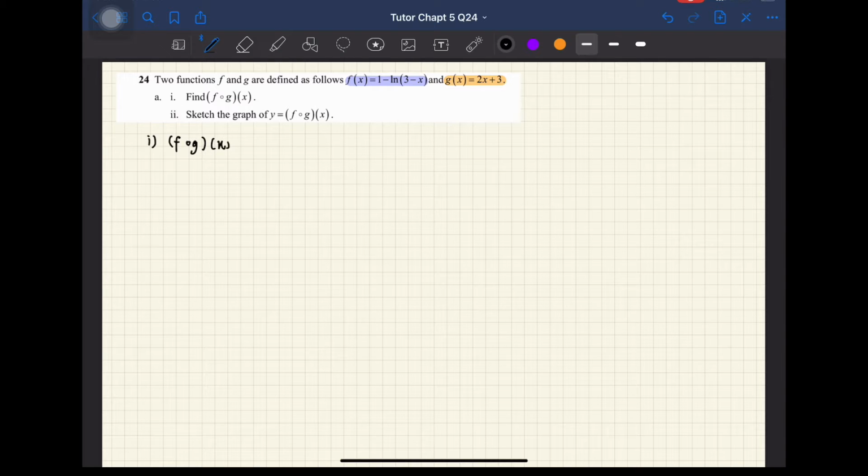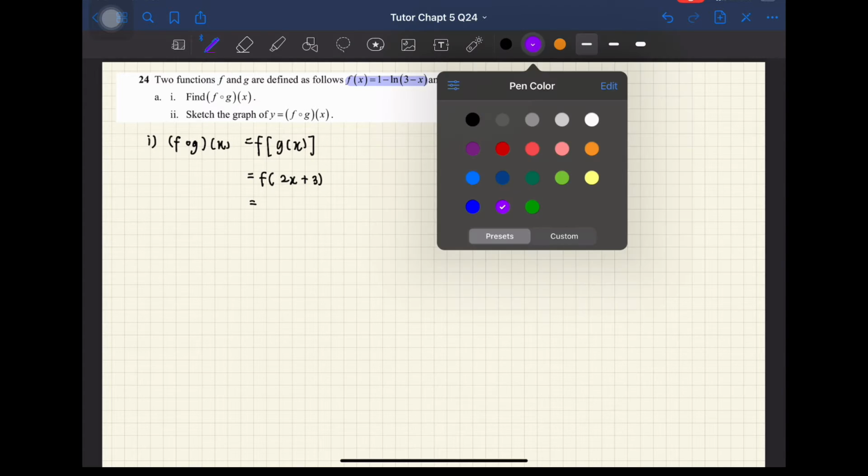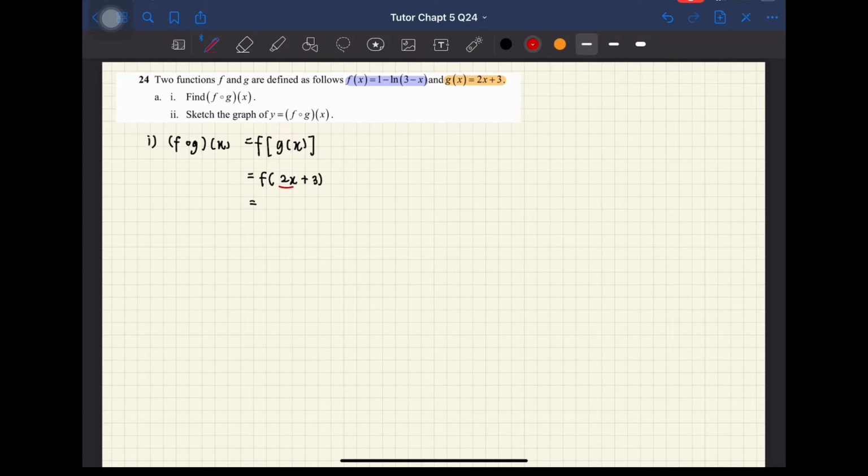Okay, so cara lain nak tulis dia adalah f dekat luar, so bracket g dekat dalam. Okay, macam tu. Okay, so kita akan gantikan dulu gx tu dengan kita punya function. So our gx is actually 2x plus 3, macam tu. Okay, so sekarang apa yang awak perlu buat is you substitute this value of x inside this one.